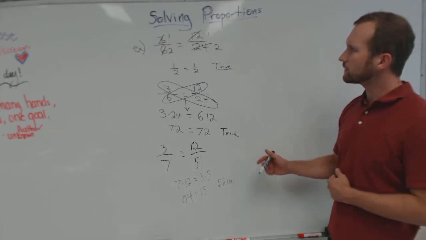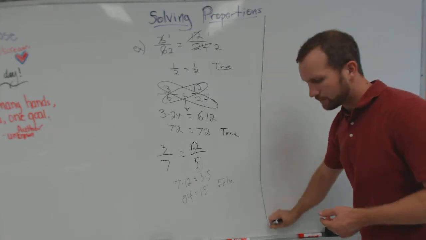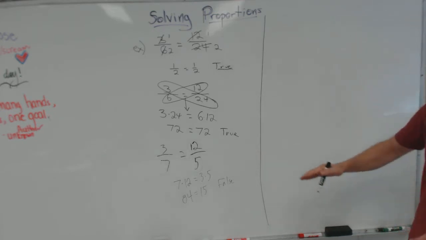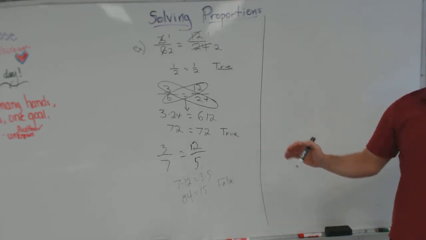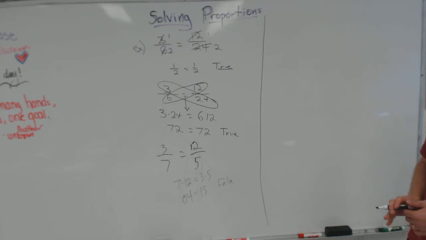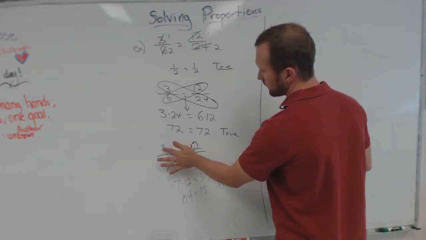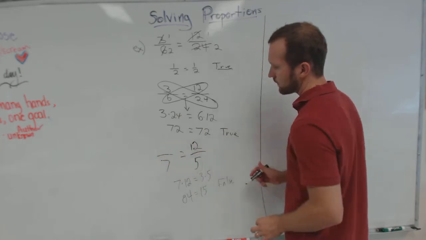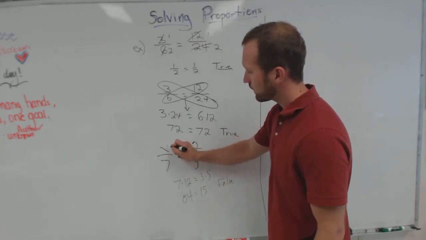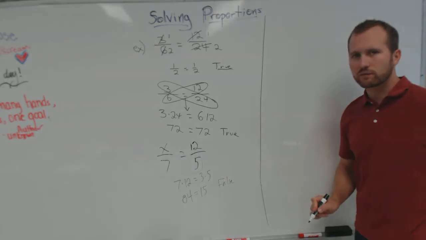And what you'll see, instead of numbers, we'll say, okay, so we know this isn't true. So what if we put a variable here? What if we put an x?